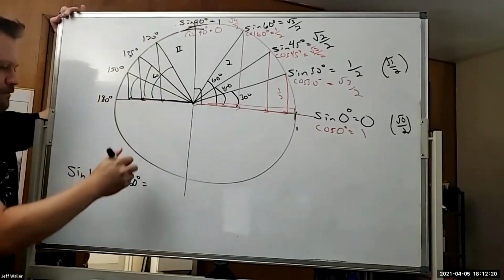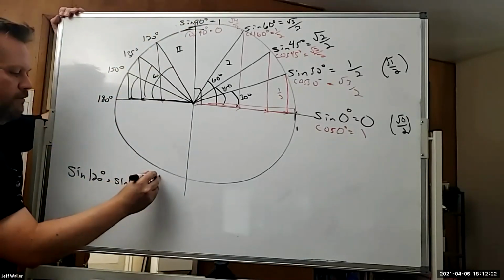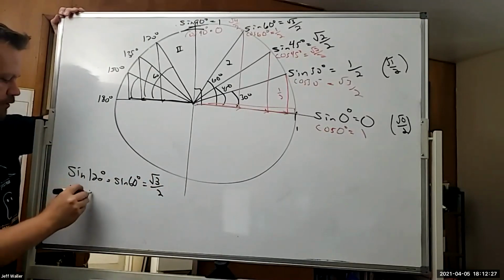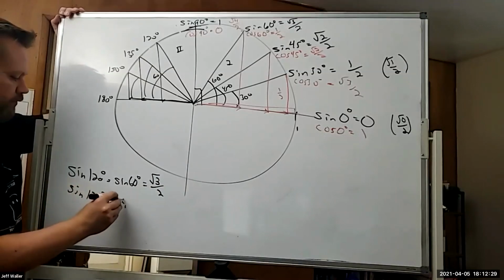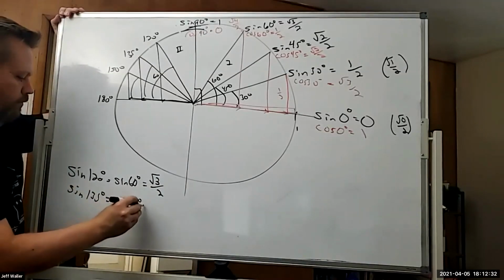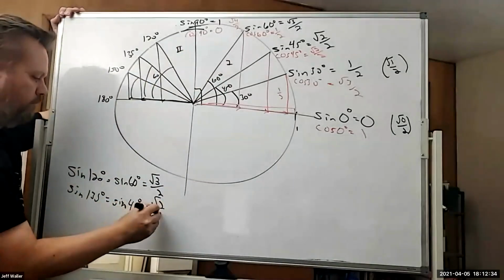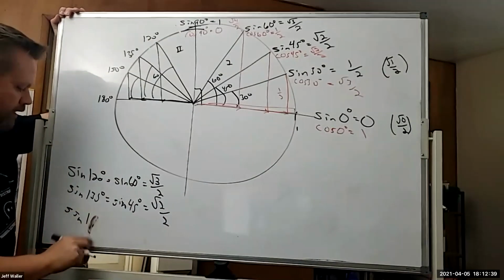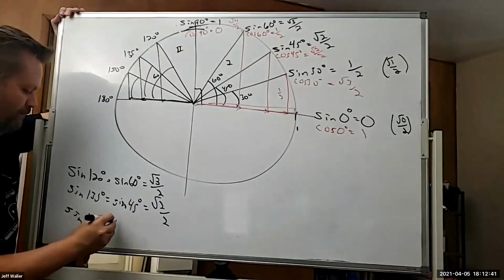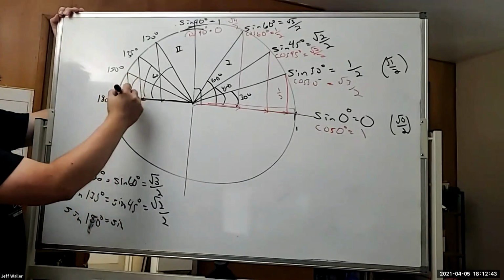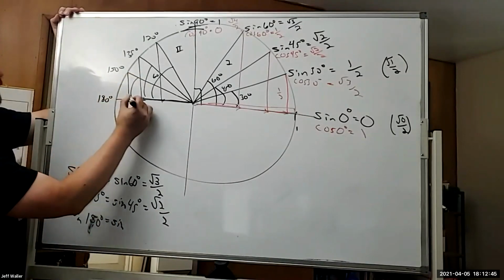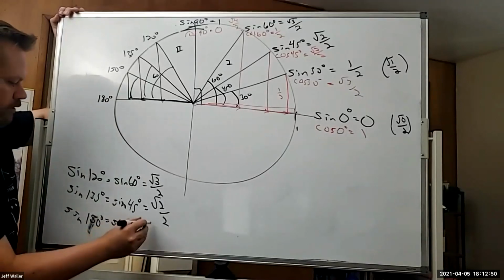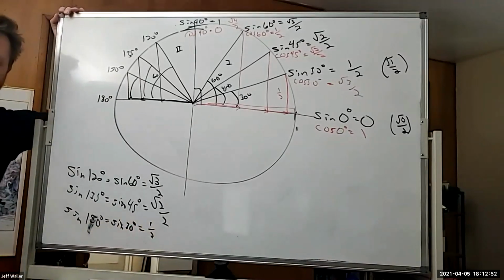And what's sine of 60? Rad 3/2. Sine of 135 equals sine of 45, so that's rad 2/2. Sine of 150 is the same thing as sine of 30, because the reference angle here is 30 degrees, which is 1/2. That's where sine starts to get scared.